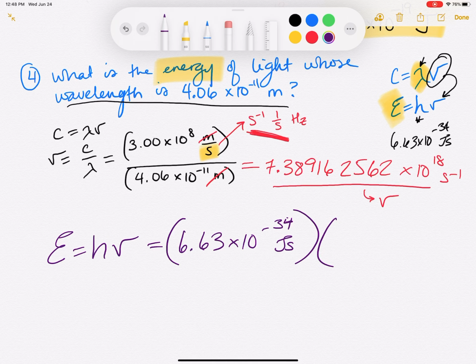My frequency that I got, I'm not doing any sig figs. I'm taking this straight and just putting it right in here. 7.389162562 times 10 to the 18th, s to the negative 1. Hopefully you still have that number in your calculator. You didn't clear it.